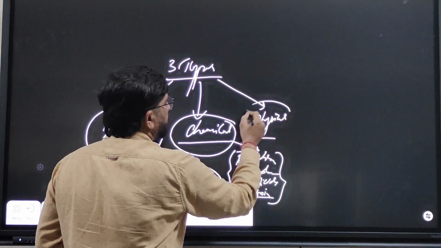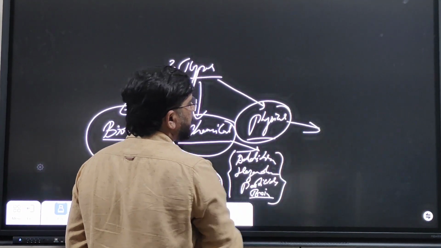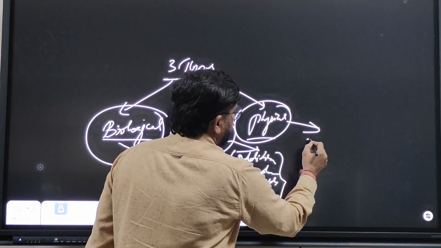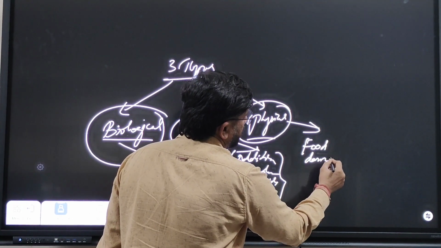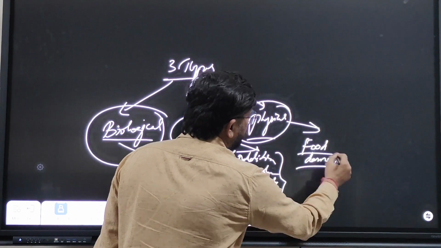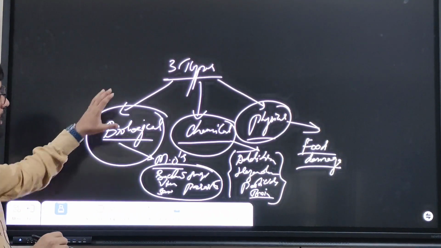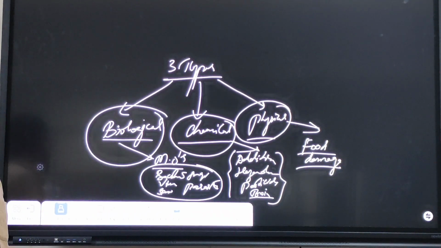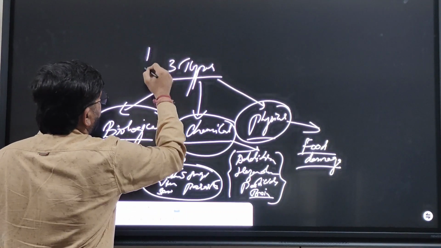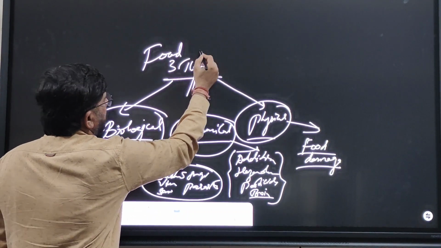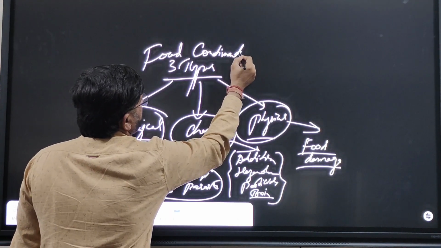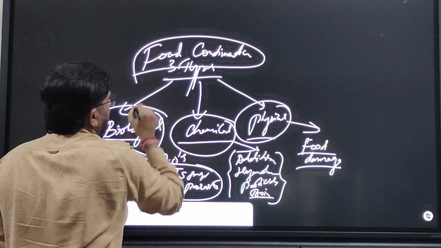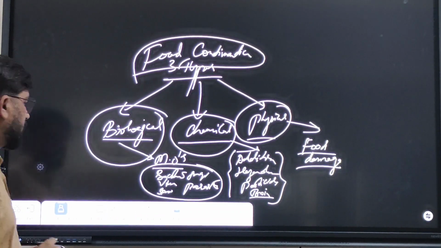Coming back to the physical mode of contamination, this is due to food damage. So here are the three main types of food contamination. So let us discuss one by one.